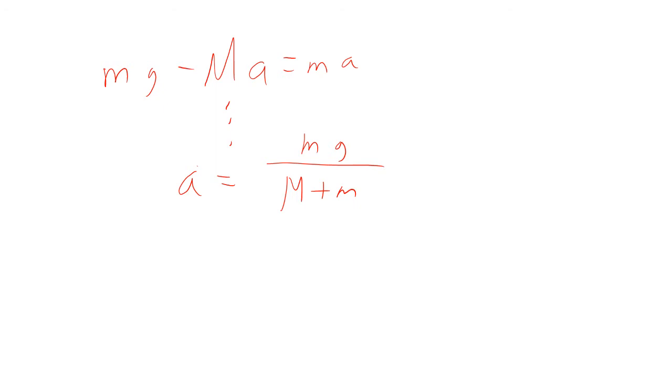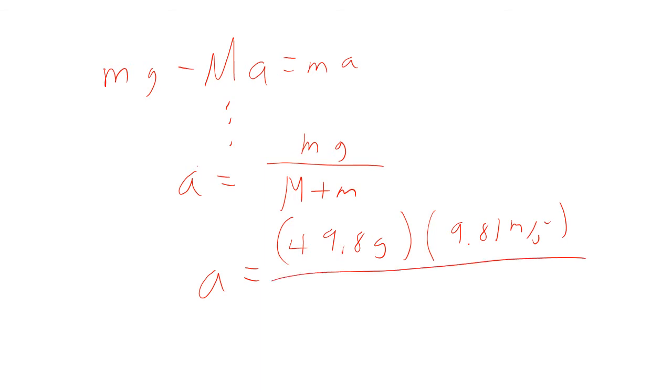Okay, and so A turns out to be equal to, given the things we got, we had that little m was 49.8 grams, so 49.8 grams times g, 9.81 meters per second squared, divided by, oh wait, I gave the other one in grams, so we got to make the units work out.